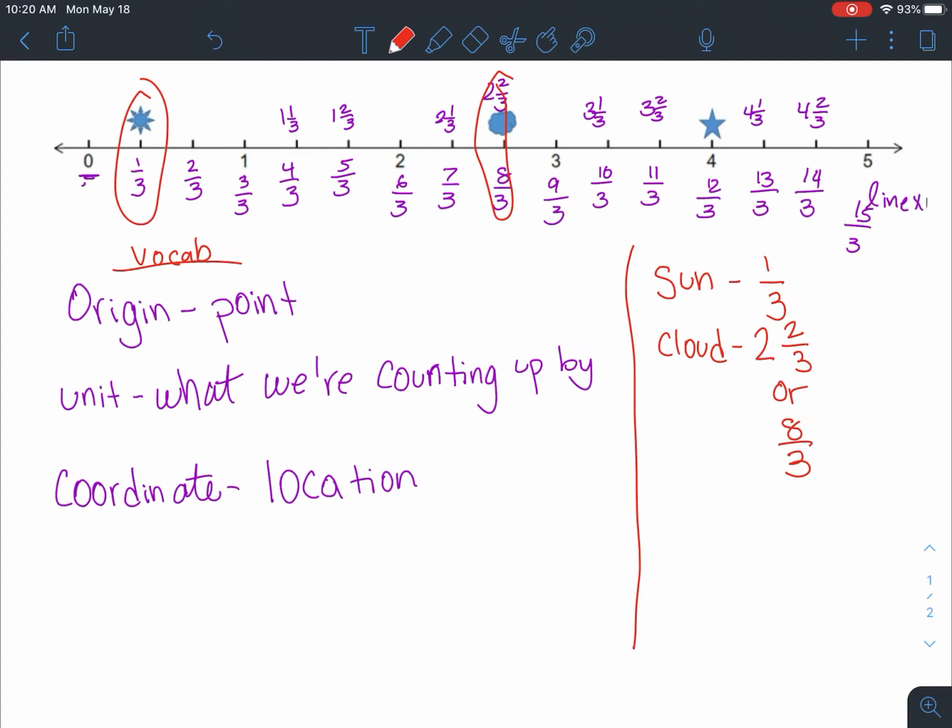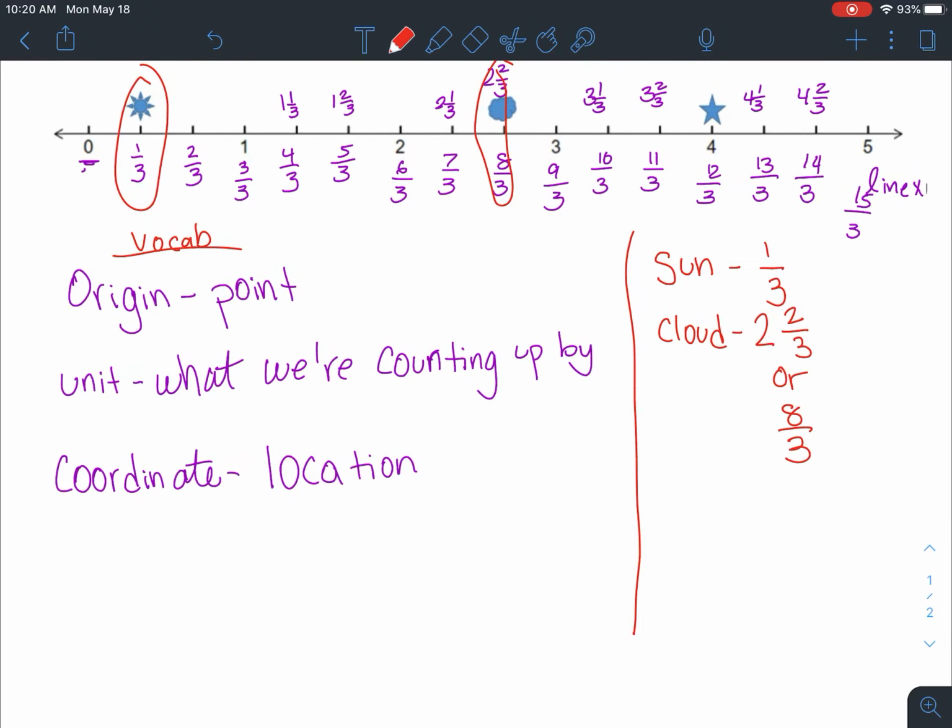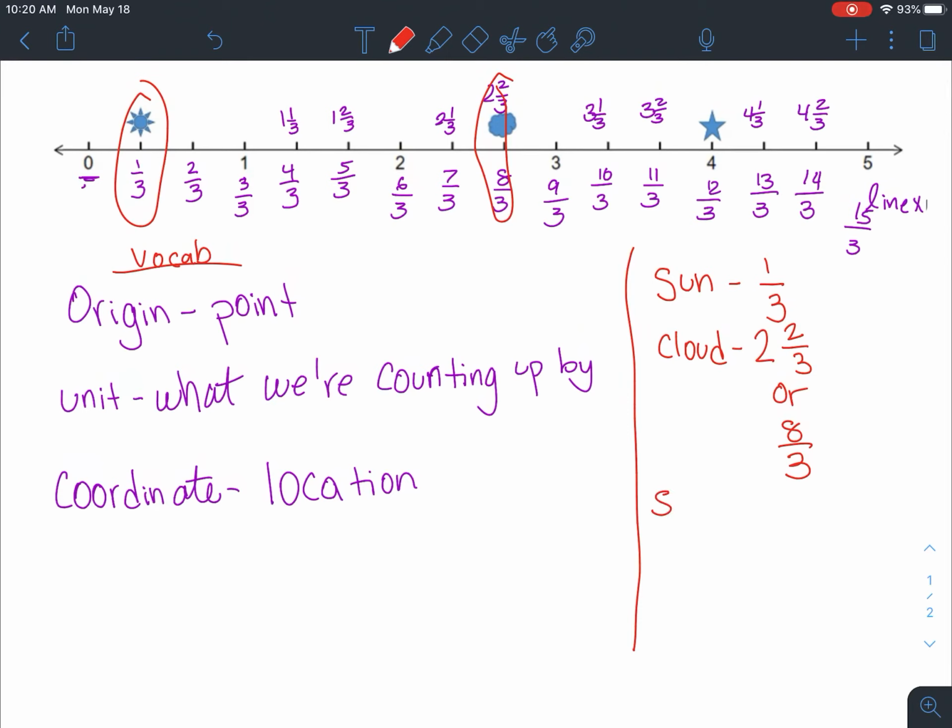Notice how easy it is to find the coordinate of these shapes after I label my number line with the units. Always make sure when you see a number line, you are first labeling with units and then answering any questions. All right, last one. This time I'm looking for the coordinates of the star.